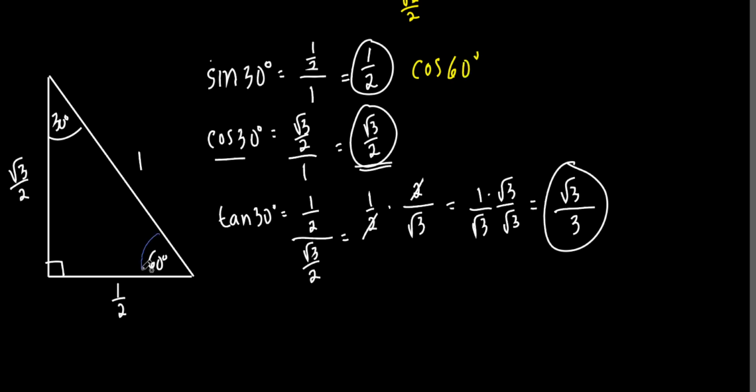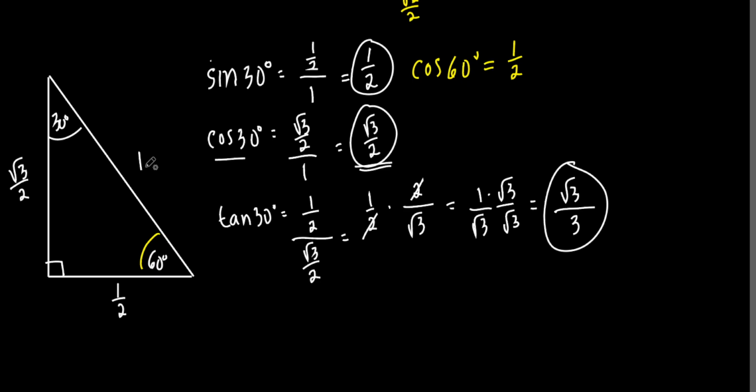This time we're going to go to the 60 and use this one. Instead of going adjacent over hypotenuse, the sine of 30 should be the same thing as the cosine of 60. What was the sine of 30? 1/2. What do you think the cosine of 60 is? Should be 1/2.